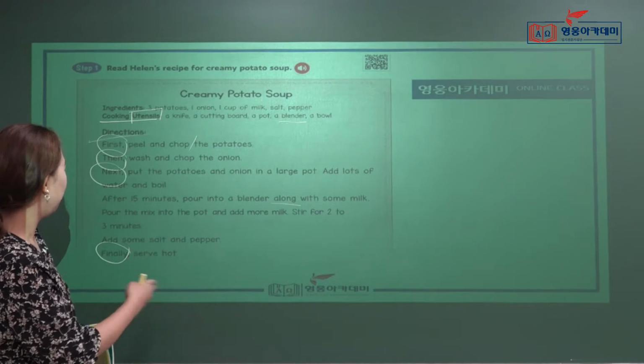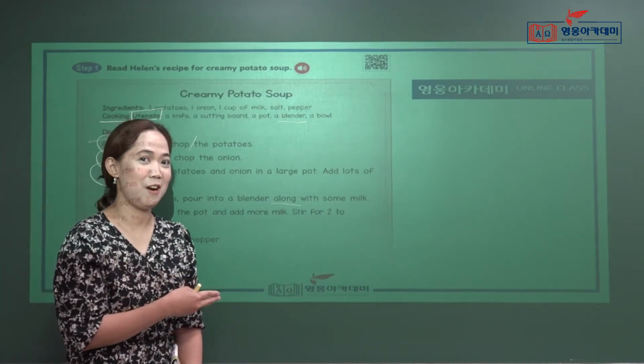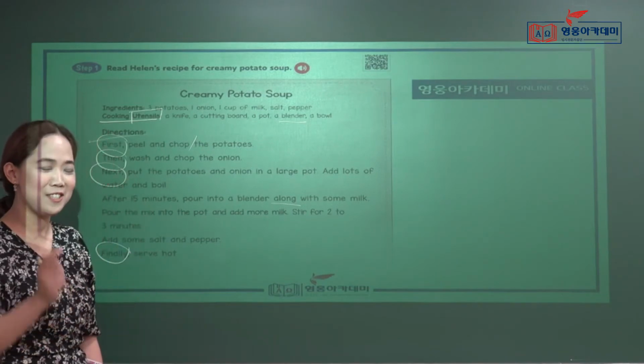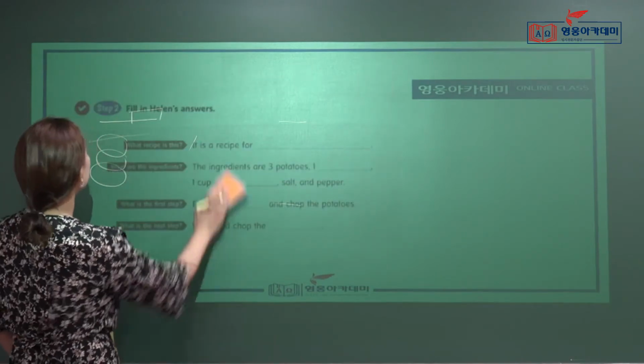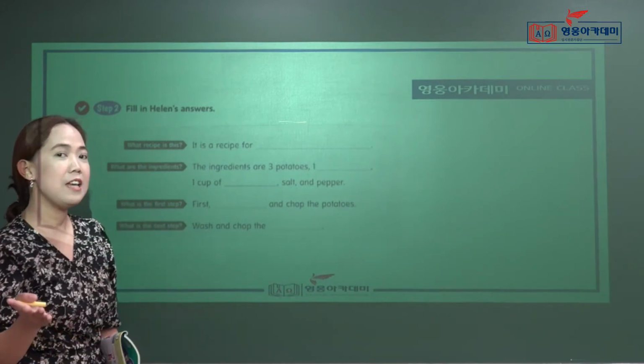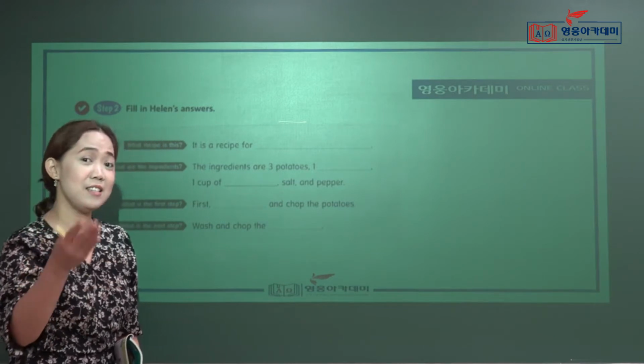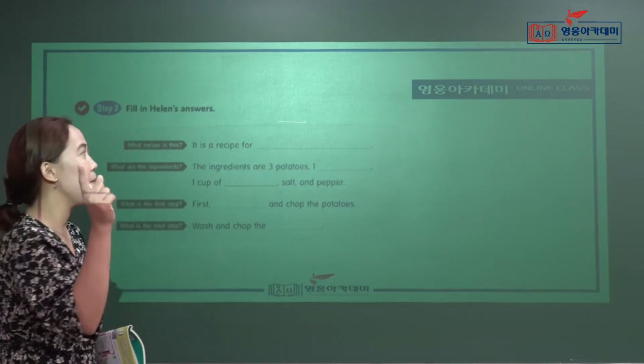I don't see any other difficult words here. I'm sure you guys understand this, right? Okay, now let's answer the questions together. Let's fill in Helen's answers. What is this recipe again, guys? It is a recipe for creamy potato soup.